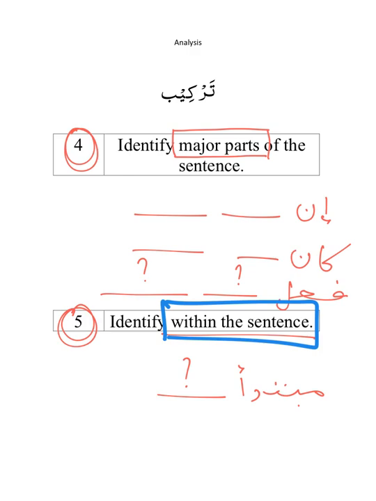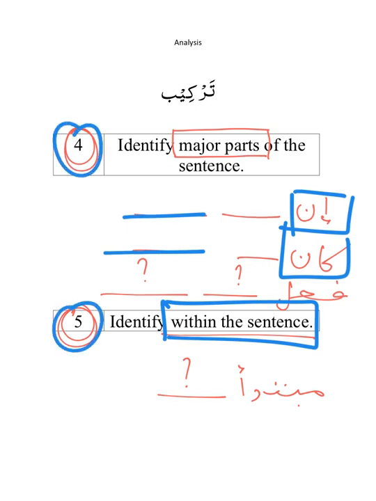You can sometimes have the khabar of inna and the khabar of kana be a sentence. So what type of sentence is it? Ismiyyah, fi'liyyah, and then you have to analyze that sentence itself. So basically, you're breaking up the sentence into small, manageable chunks. That's what step 4 and step 5 involves. Let's now look at an example and apply these principles inside this example.